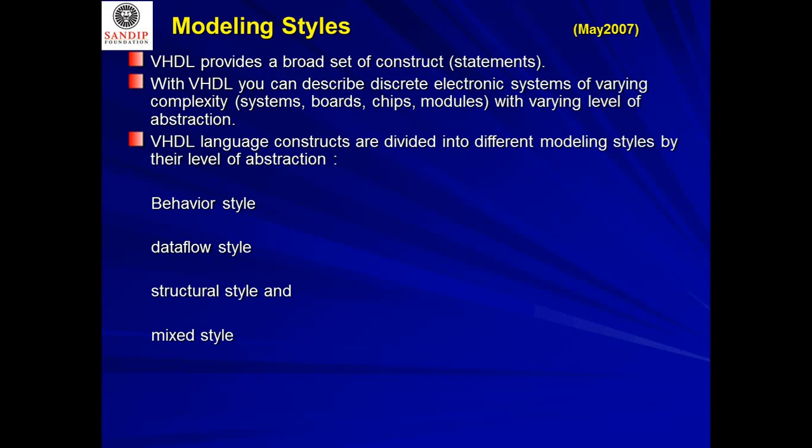VHDL languages are divided into different modeling styles by their level of abstraction. Means the way of describing the operation of an electronic circuit is nothing but the modeling style, and we can describe the operation by using different modeling styles. These are nothing but the behavioral modeling style, data flow modeling style, structural modeling style, and mixed style.